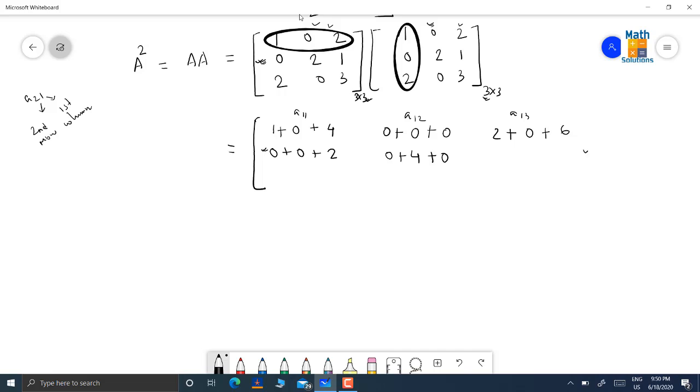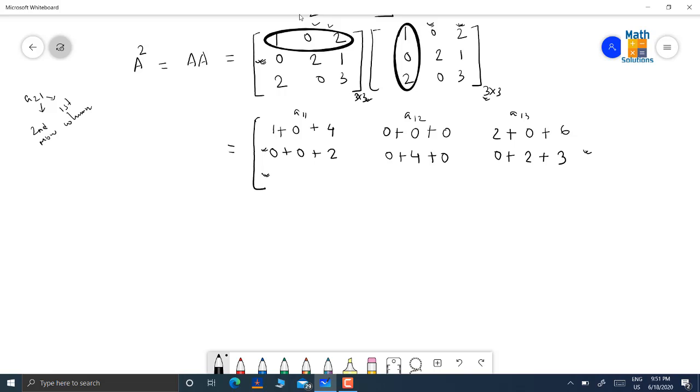Then for this third part, second row, third element, a23 position, the second row should be chosen and this third column is to be taken. So 0 into 2 will be 0. Then after 2 into 1 it is 2 plus 1 into 3 it is 3.